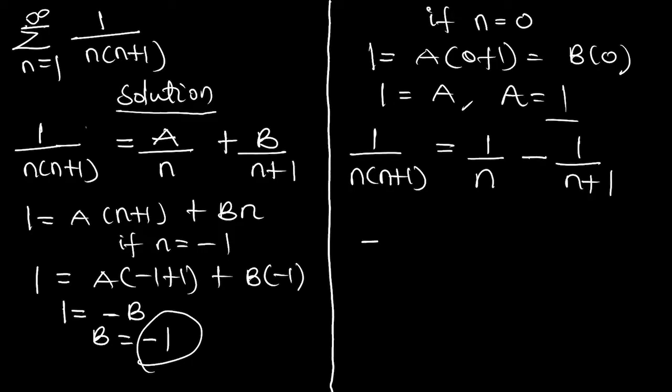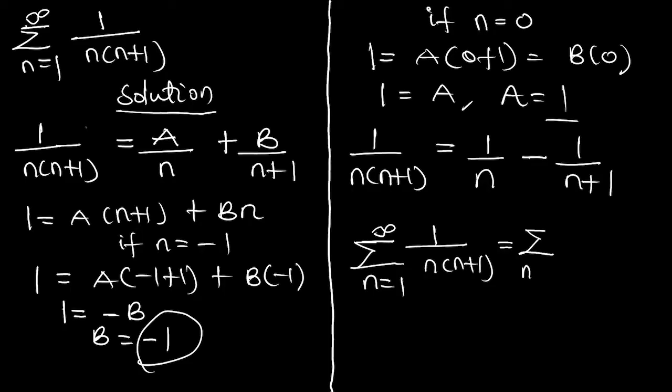So the original series, which was summation starting from n equals 1 to infinity of 1 over n multiplying n plus 1, can be rewritten as summation from n equals 1 to infinity of 1 over n minus 1 over n plus 1. So we have the same thing over here.